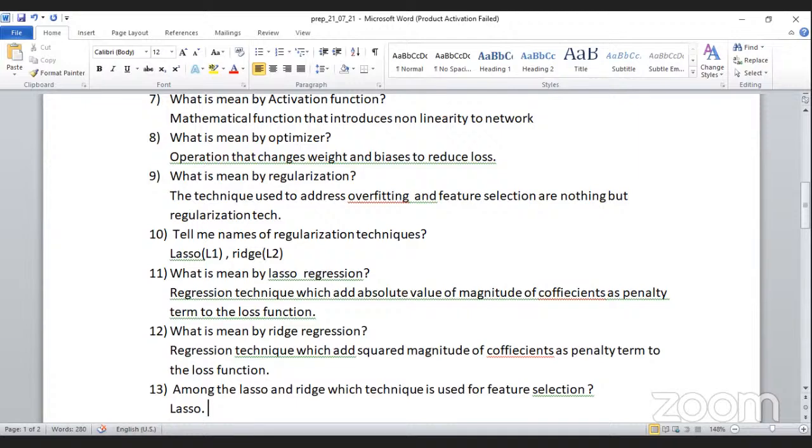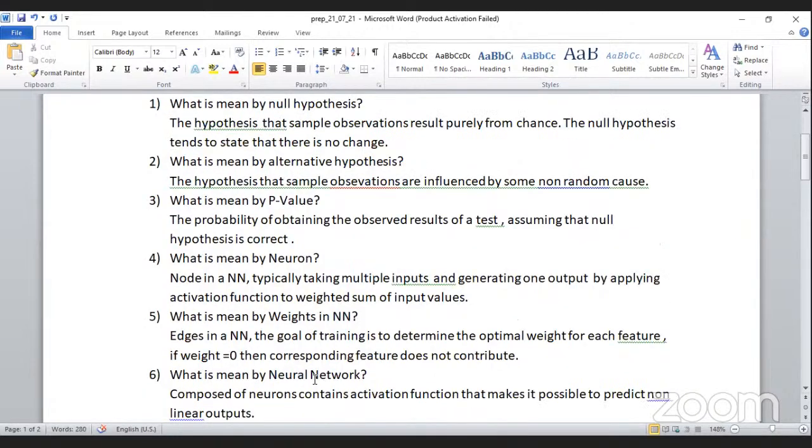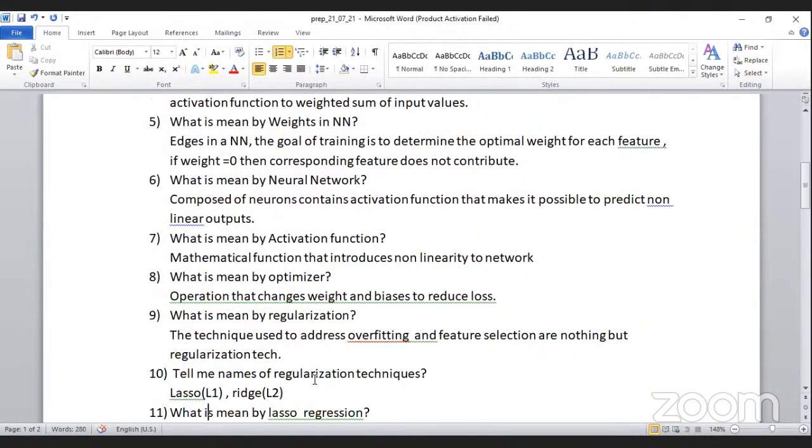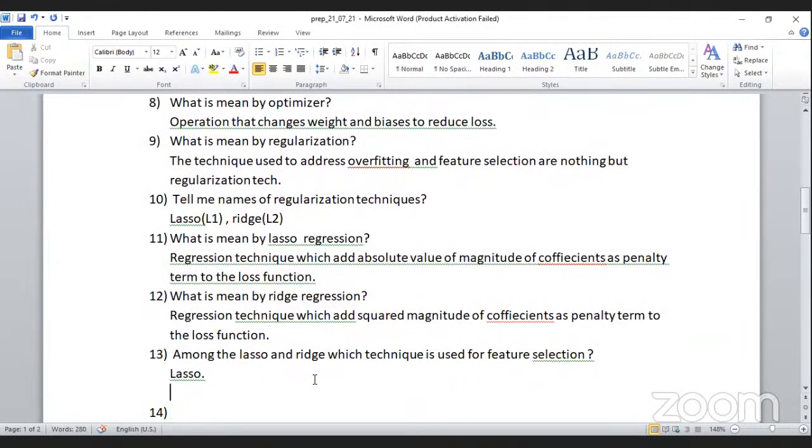Okay. So this is all about some basic terminologies related to hypothesis testing, then neural networks, and then regularization. In the upcoming lectures, we will go through more basic terminologies related to a few more algorithms. Okay, so that's it for today.